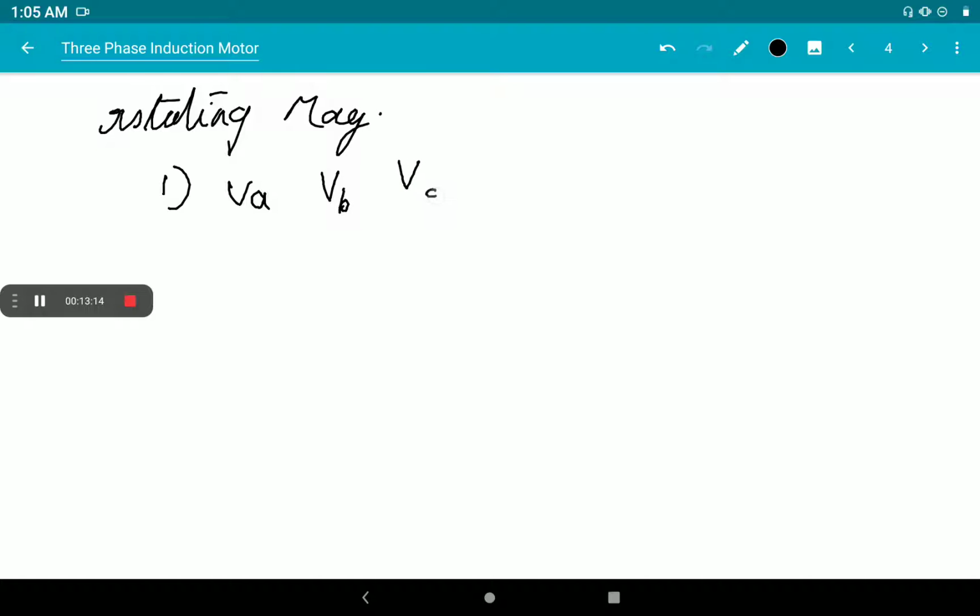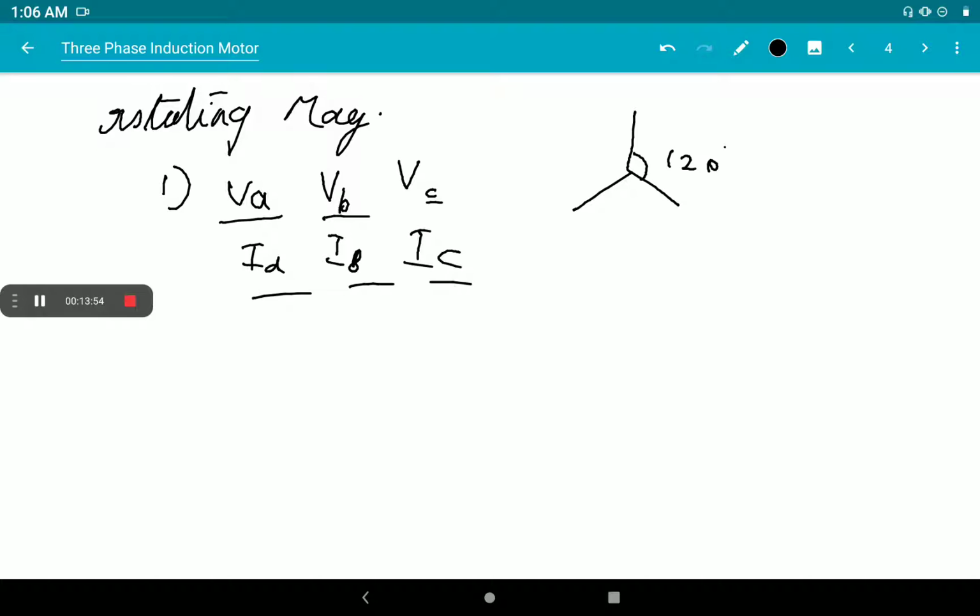VA, VB, VC should be the voltages on each winding, and just assume IA, IB and IC are the line currents flowing in each winding. These voltages and currents should be displaced by 120 degrees apart along the time axis. Which means the displacement between IA, IB, IC phases is 120 degrees. So the first constraint is that these voltages and currents should be 120 degrees apart in phase.